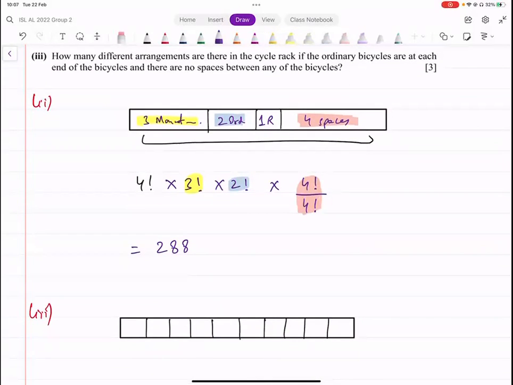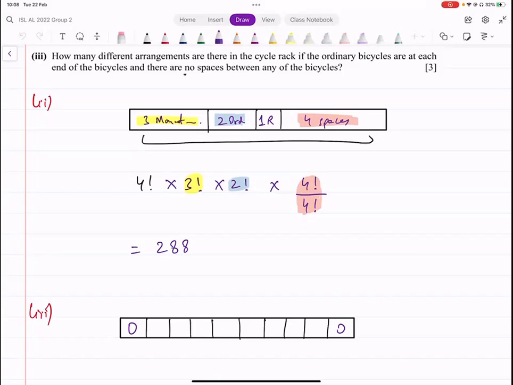The ordinary bicycles have to be at the ends. Ordinary bicycles are at each end of the bicycles. Can we say one is here and the other is here? Because the दरम्यान में spaces नहीं हो सकती हैं. So they are not at the ends.